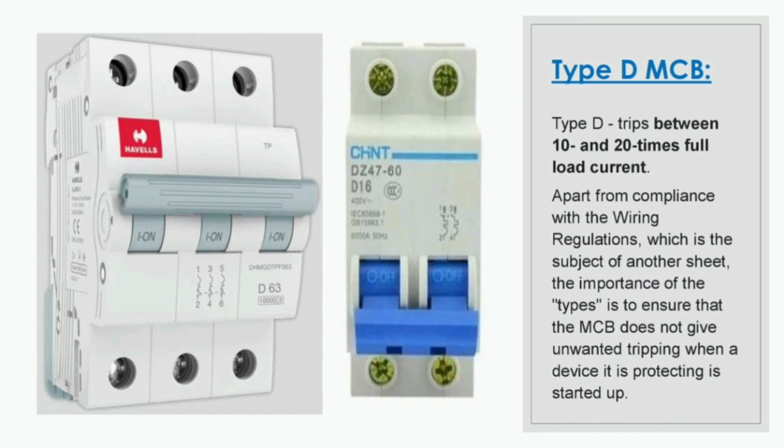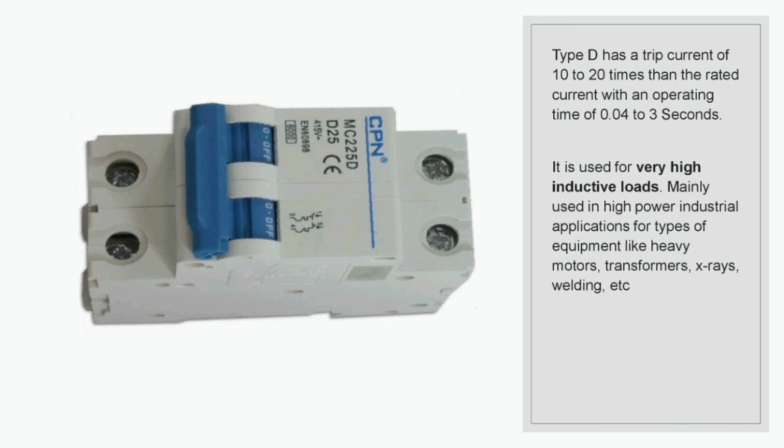Type D trips between 10 to 20 times full load current. It operates at 10 to 20 times the rated current, with operating times of 0.04 seconds to 3 seconds. That means this is for a very high load.